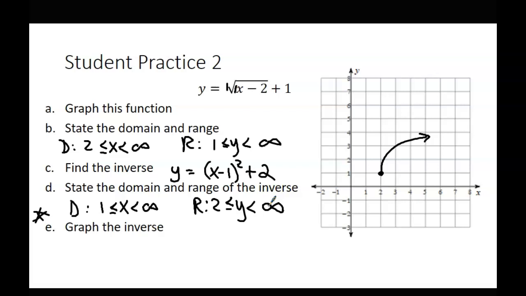Andrew, what's our vertex on this quadratic equation here? Close. It's this one will be 1, 2. So it's over 1 of 2.